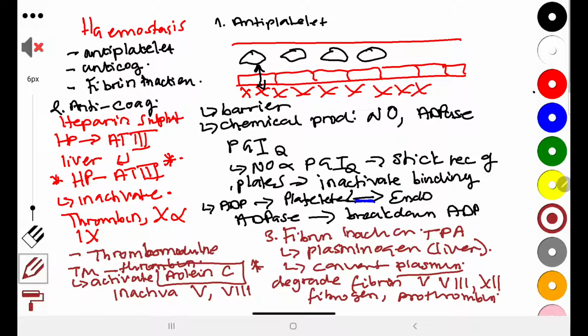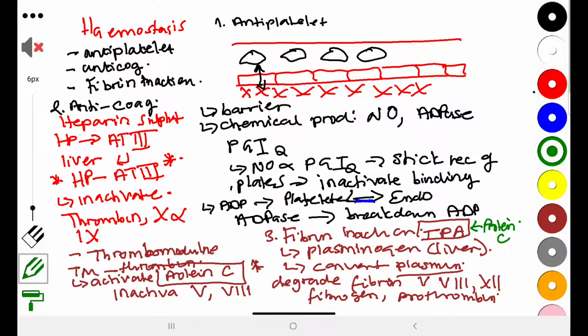We also see that protein C here may also activate TPA. So that is something that we can see. So we have protein C also having an influence on activation of TPA.